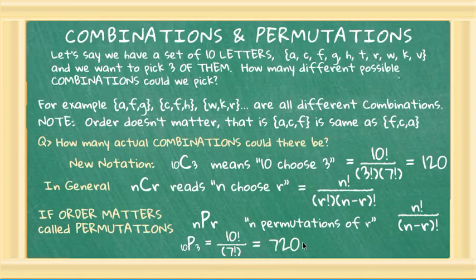Finally, note how much larger that is than the combinations. In combinations, where order doesn't matter, ACF and FCA and CFA were all the same. Now, if I'm counting each of those as different, instead of 120, I've got 720 different groupings, or permutations, I can get from these 10 letters.